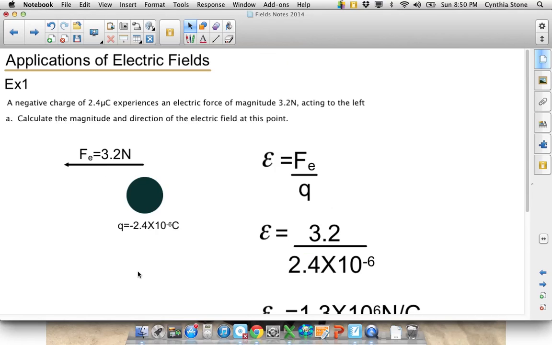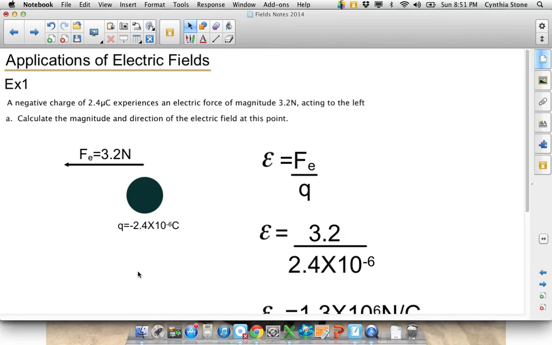You look at the situation and decide which way a positive charge would go. So let's look at an example. We have a negative charge placed down somewhere, and it's feeling an electric force of 3.2 newtons acting to the left. We want to find the magnitude and direction of the electric field. That's pretty easy. It's just the electric force divided by the charge, right?